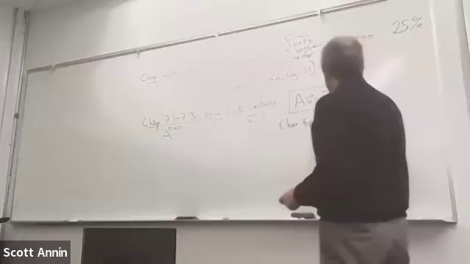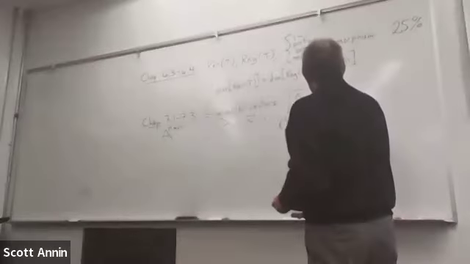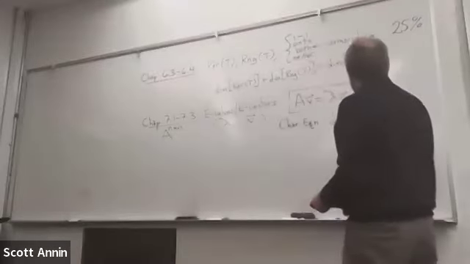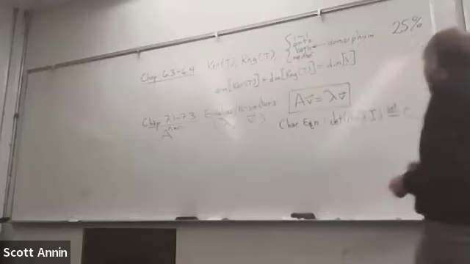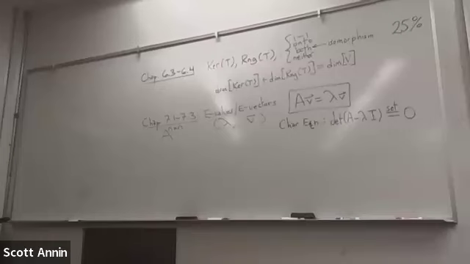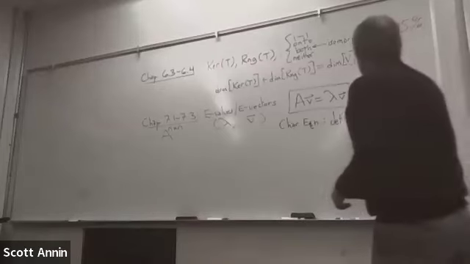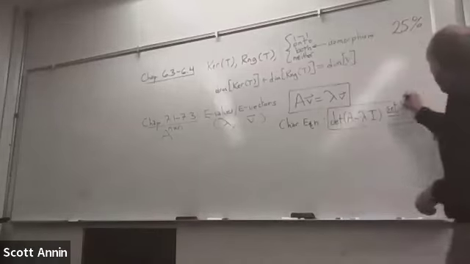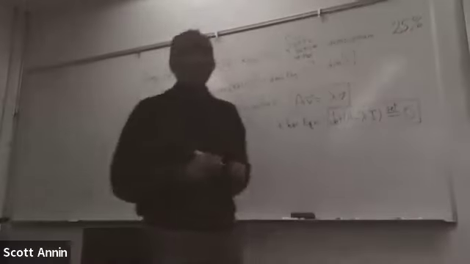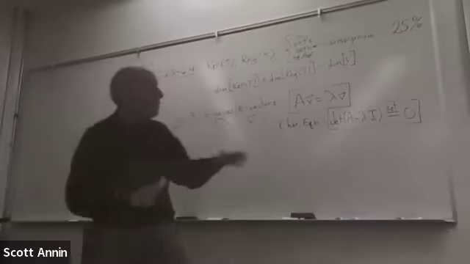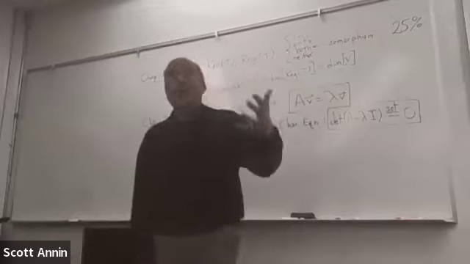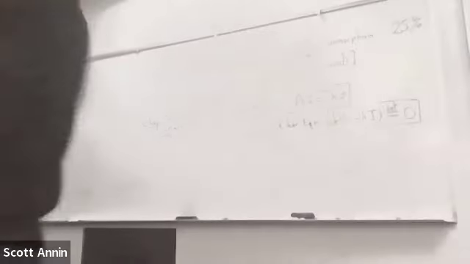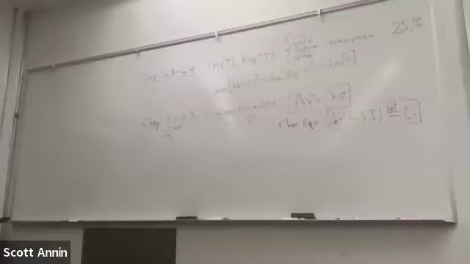The characteristic equation, this is the one where we do the determinant of A minus lambda I, and then we set that equal to 0. So just to remind you again what this is used for, I know you guys are doing this a lot, so we probably don't need to dwell on it too much, but this is the equation that we use to find the lambdas, to figure out what are the eigenvalues of our matrix.